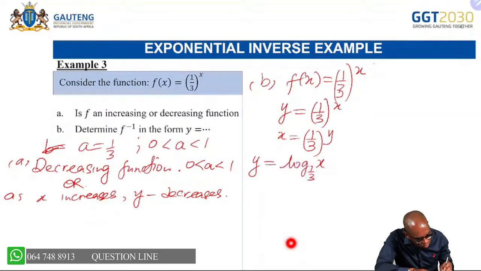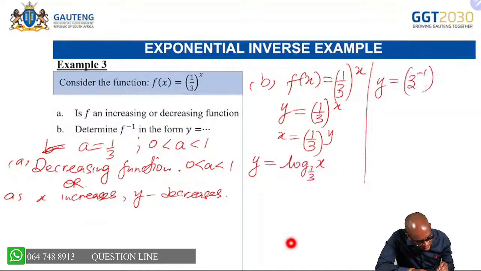Remember, this can also be written in a different form. I showed you in the previous one. We can write 1 over 3 using the inverse law as 3 to the minus 1. So y equals 3 to the minus x.